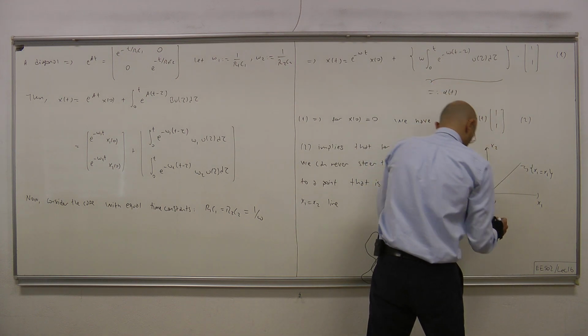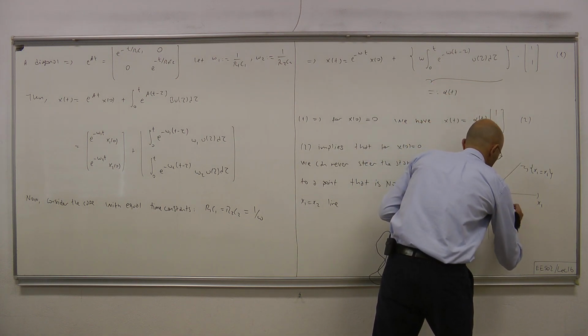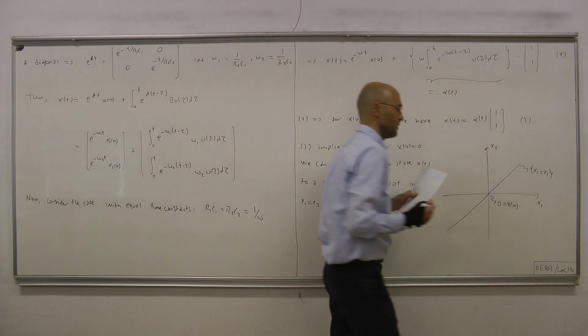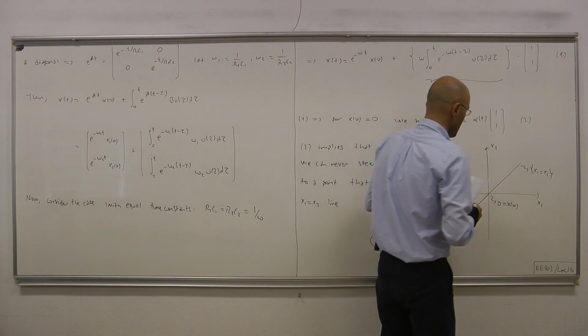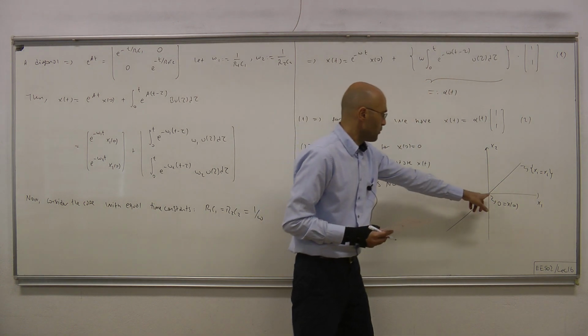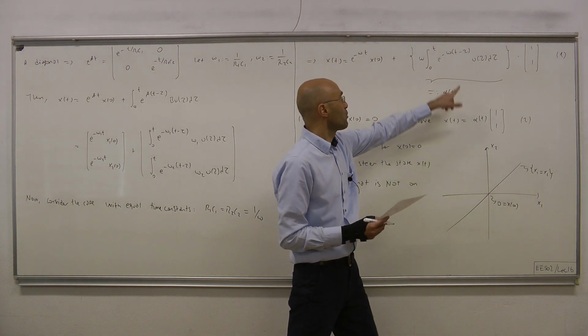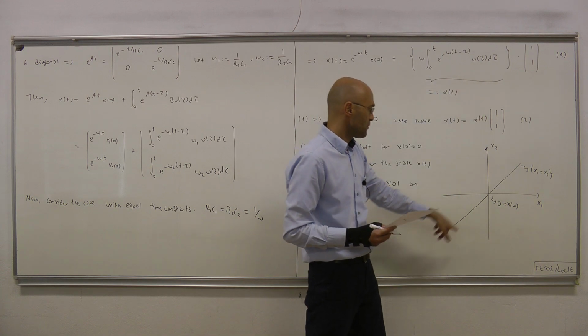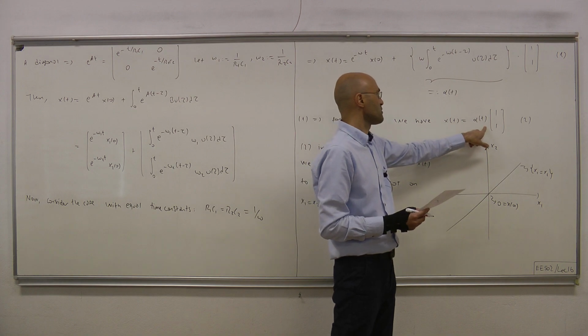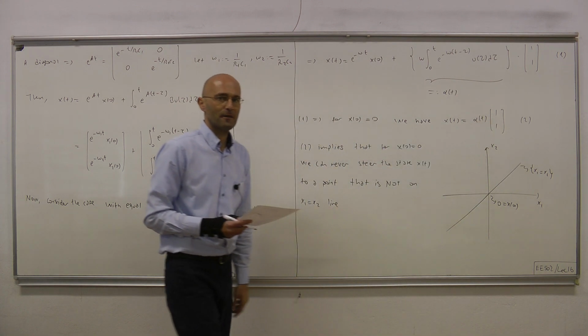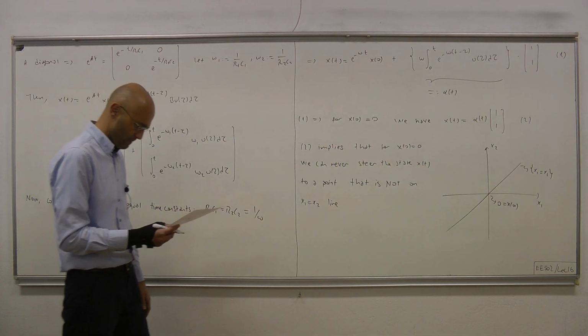And here, this is our starting point, namely the origin. And then once you start at the origin, the solution, no matter what input you choose, must be somewhere on that line, because x of t equals some scalar times 1, 1. Okay.